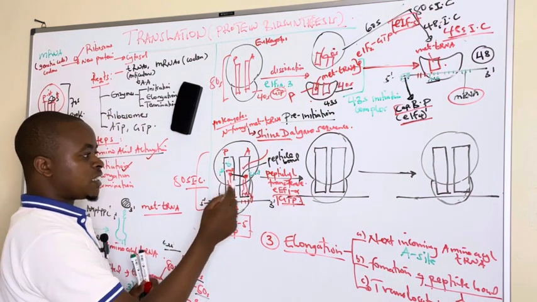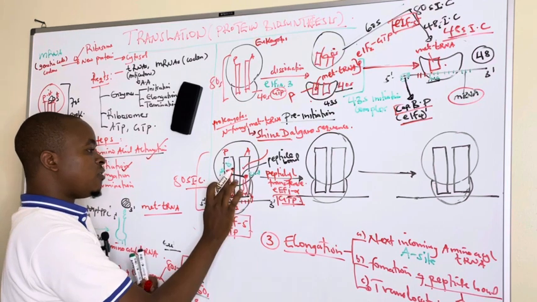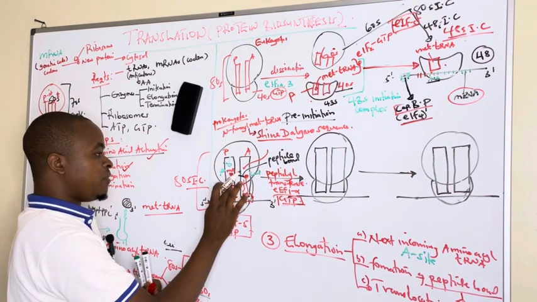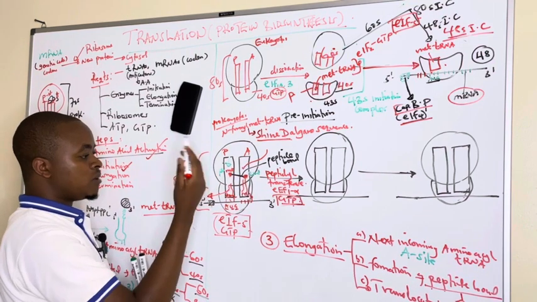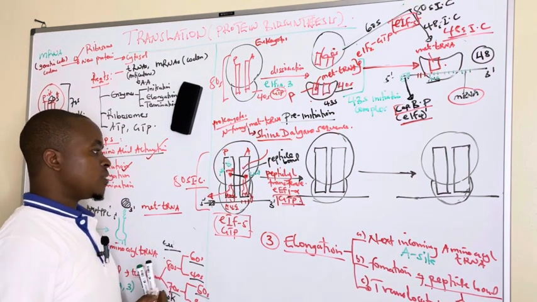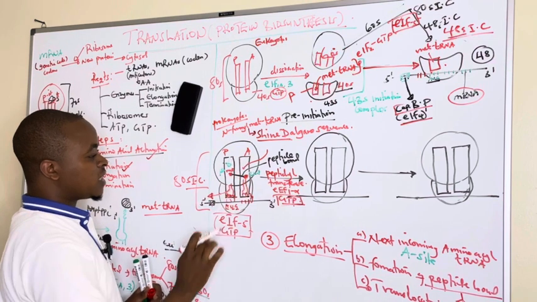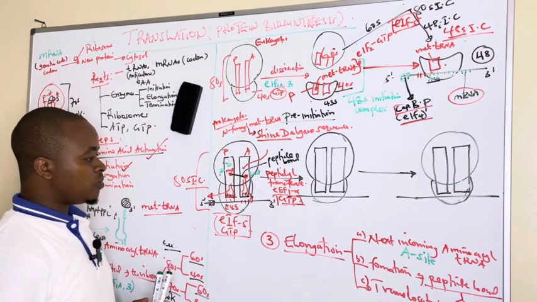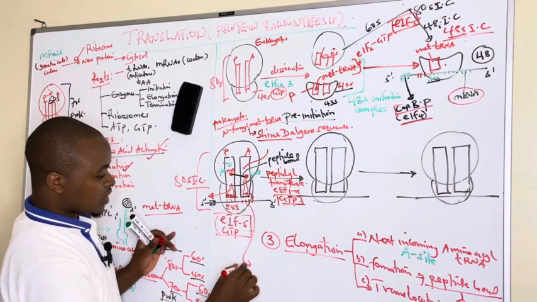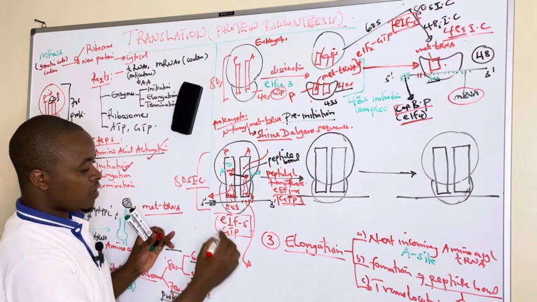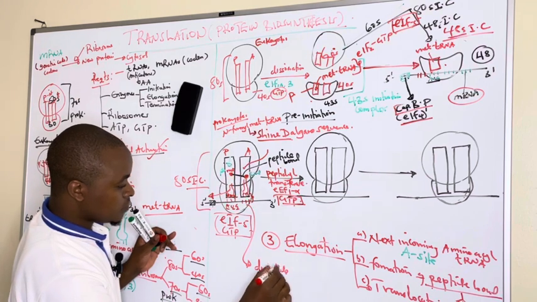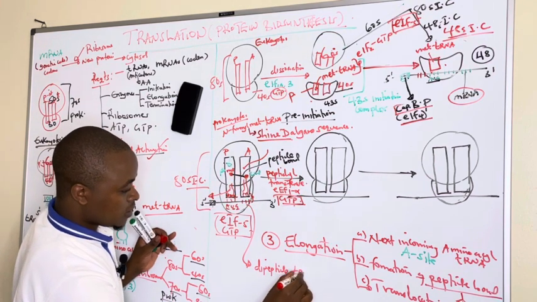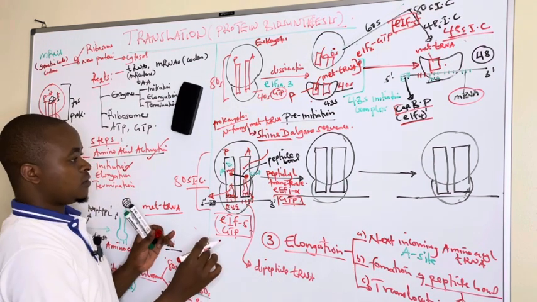And after forming the first peptide bond, we cleave away the first transfer RNA carrying methionine and it is taken back to the cytosol to be charged again. And then when this is cleaved away, we form the end result. After cleaving away the first transfer RNA, we form dipeptide transfer RNA in the A site.